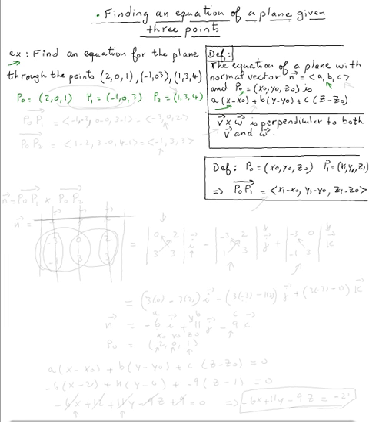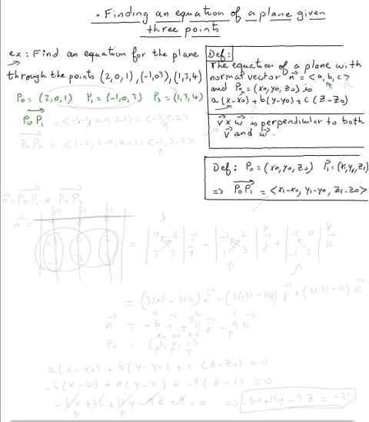The only problem is we have more than one point, but we need a couple of vectors that are on the plane. The easiest two vectors will be, for example, P0P1, the displacement vector that goes from P0 to P1, that's a vector on the plane.